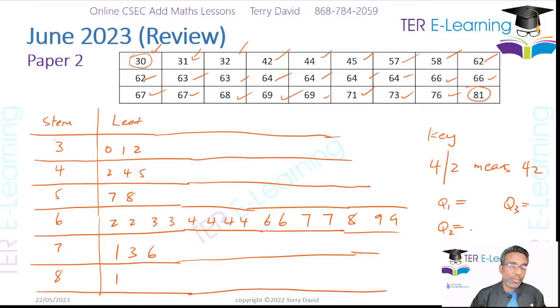Because if you can't figure out those numbers, then you can't draw the diagram. Look at the diagram and let me see if you could come up with something here. What is Q1?